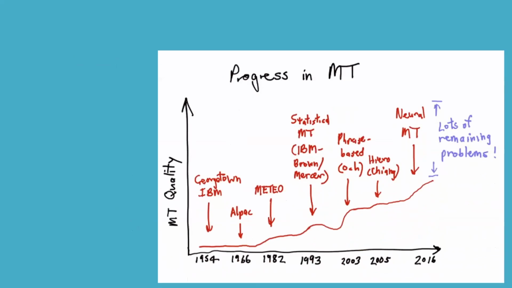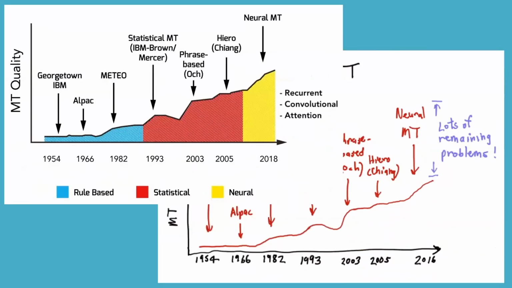So basically, we can see the progress of computer and its application in translation. Over a period of about 7 decades, it's on the rise.